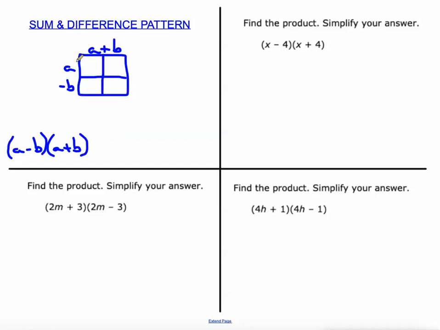All right, upper left, notice we get a squared. Upper right, a times b is ab. Lower left, a times negative b is negative ab. And lower right, negative b times positive b is negative b squared. I want to do all these in a different color.